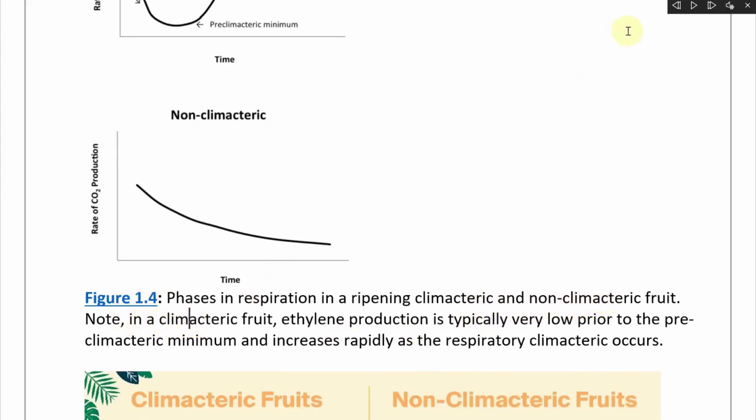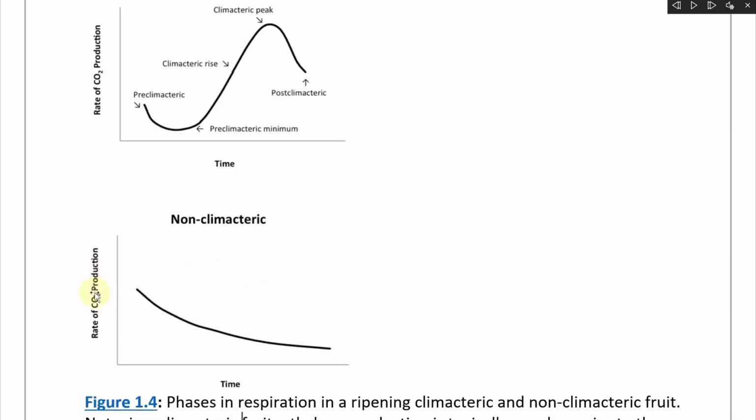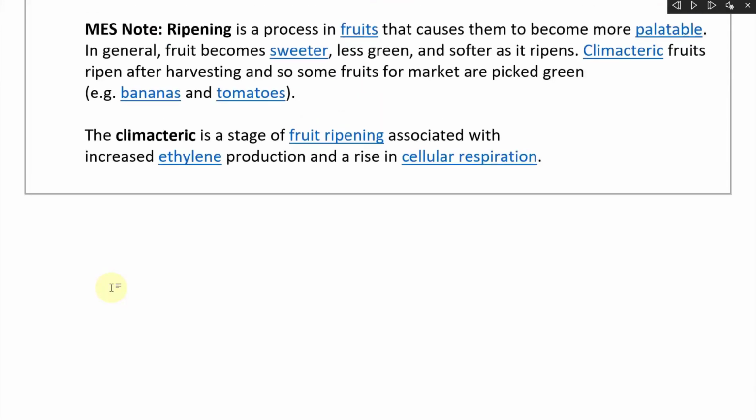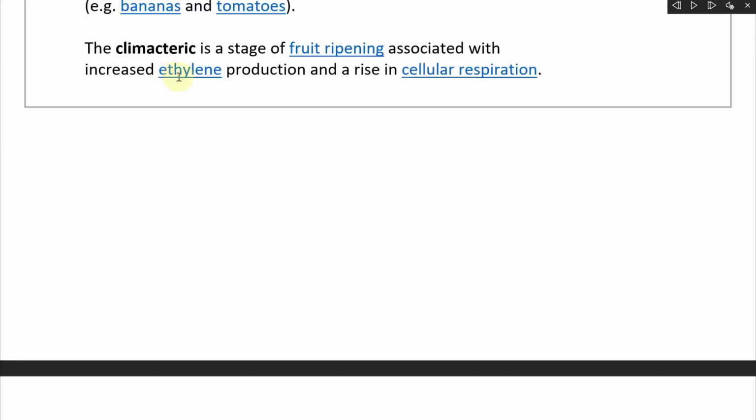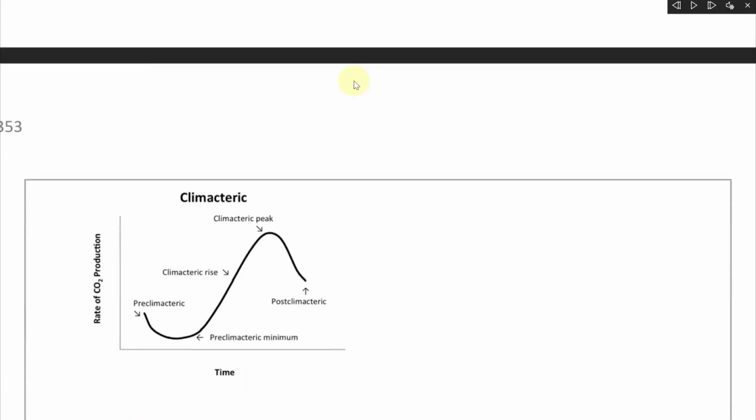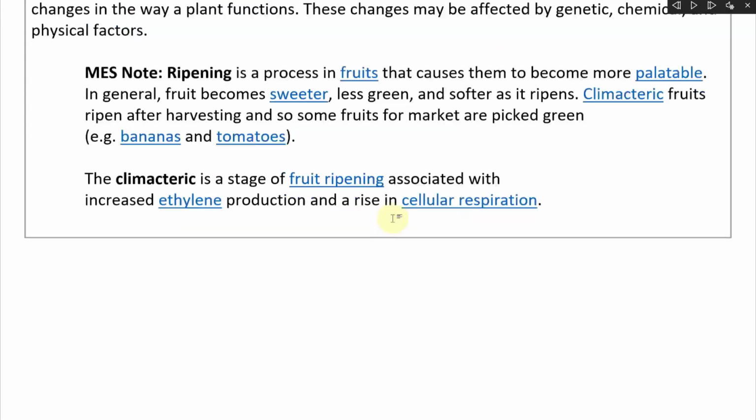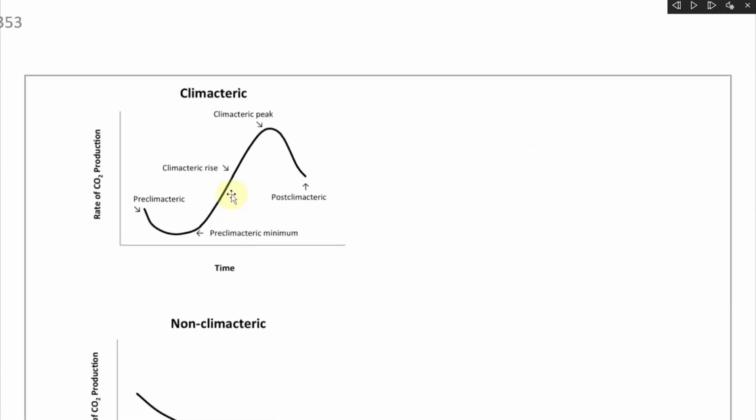In climacteric fruit, ethylene production is typically very low prior to the pre-climacteric minimum and increases rapidly as a respiratory climacteric occurs. Here is the rate of CO2 production, along with increased ethylene production and a rise in cellular respiration, where CO2 is a byproduct.